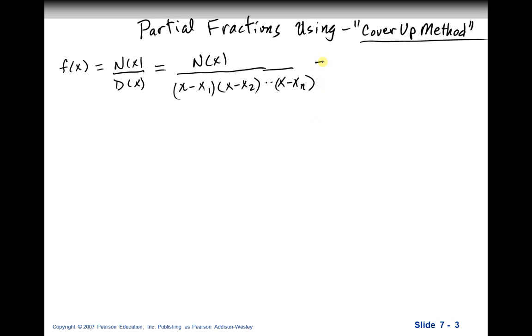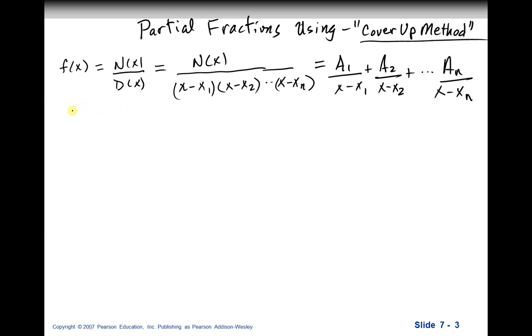And that could be written as a1 divided by x minus x1 plus a2 divided by x minus x2, all the way down to a sub n over x minus x sub n.